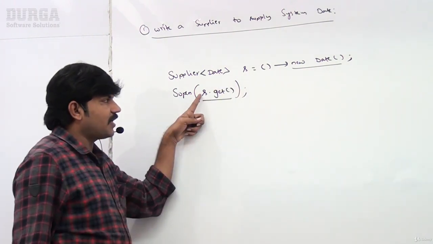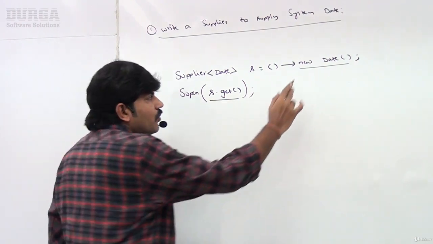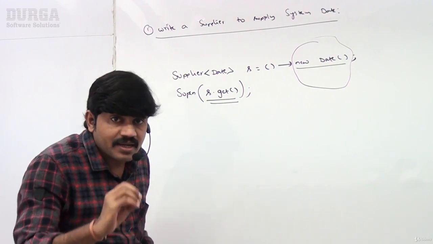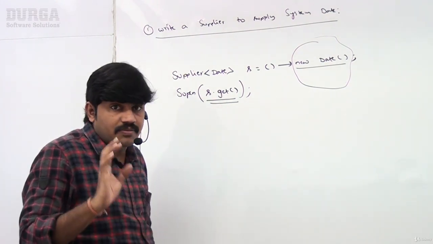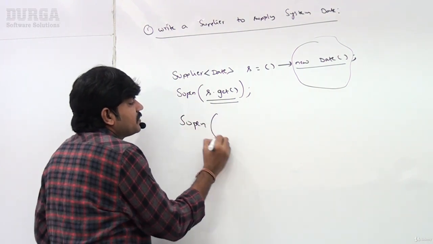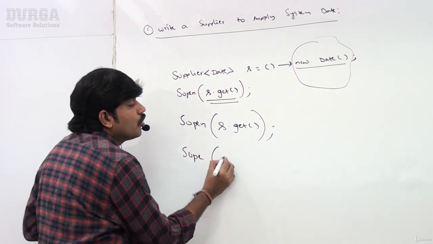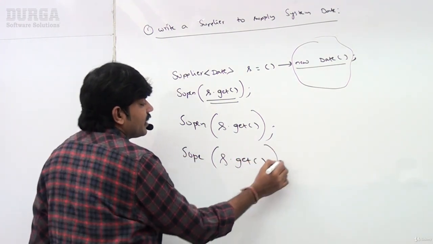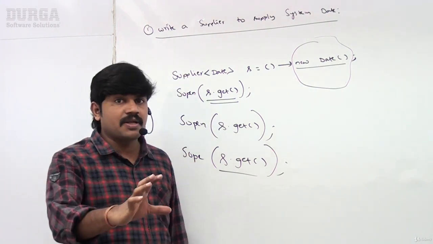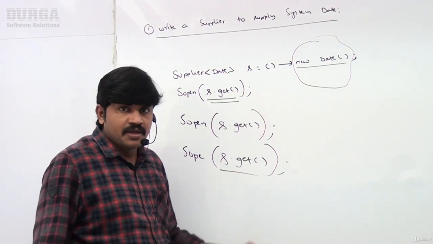If you ask the supplier's get method, it always returns this new Date, and you can see the current system date and time. You can ask any number of times, no problem at all. It is always going to return the current system date. Is it clear for all of you? This is how to create a supplier to supply the current system date. This is the code.